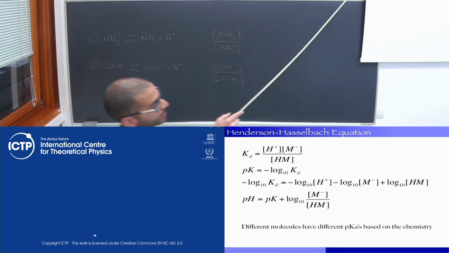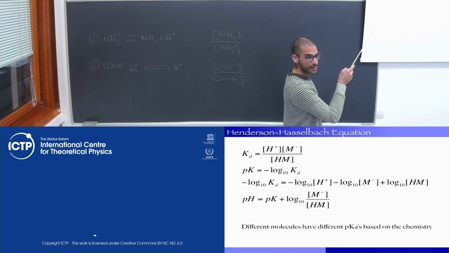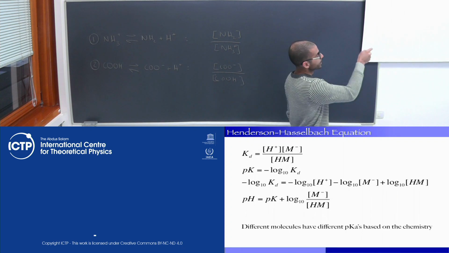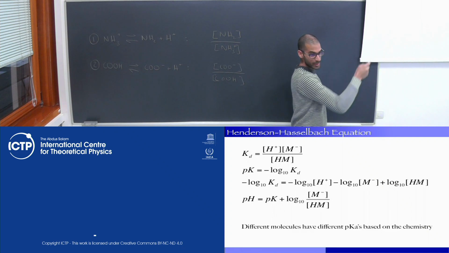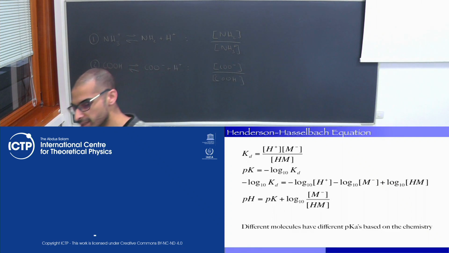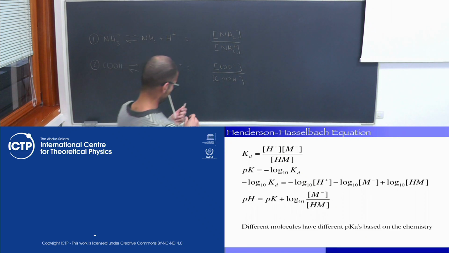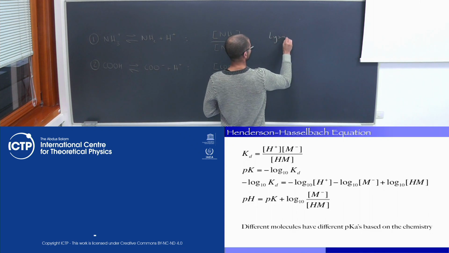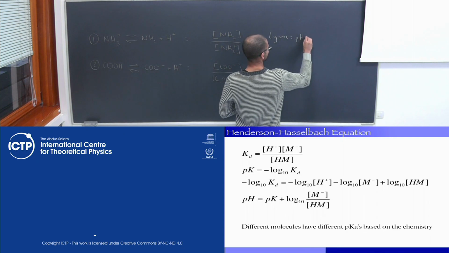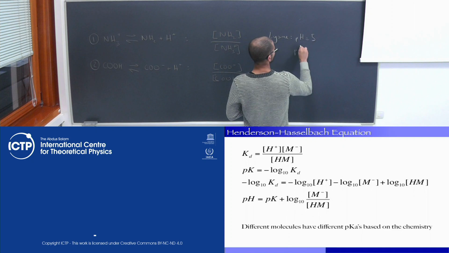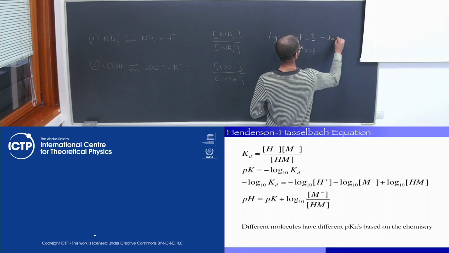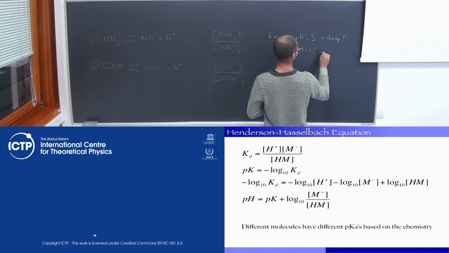Okay, so now I've told you for lysine, fix the pH. You know all the pKa's, so you can determine if this ratio is less than or greater than 1. So the question now is, for lysine at pH equals 5 and lysine at pH equals 12, what is the charge?